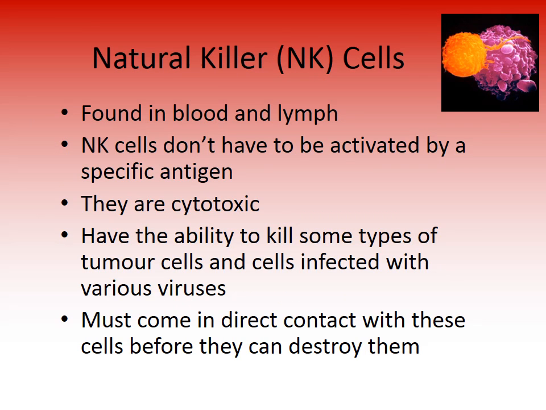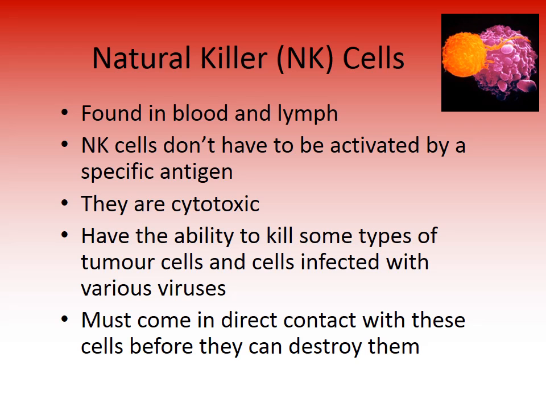And then the last type of lymphocyte we have here are natural killer cells. They're found in the blood as well as in the lymph. The natural killer cells don't have to be activated by any specific antigen, and they are cytotoxic, so they will kill these cells. Hence the name natural killer, I'm sure.